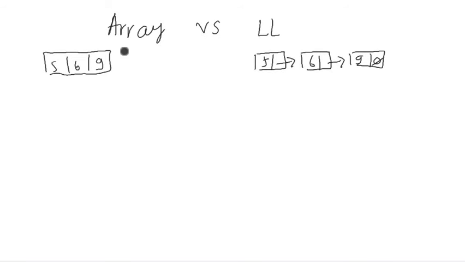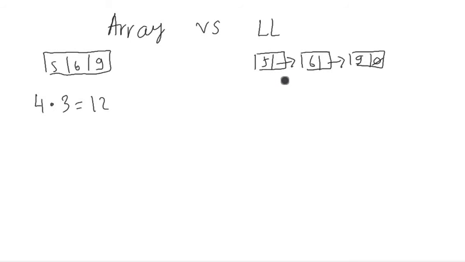As you can see, arrays have only keys, only elements. So for example, in Java, integers are 4 bytes, so it will be multiplied by 3 elements. It will occupy 12 bytes of memory.